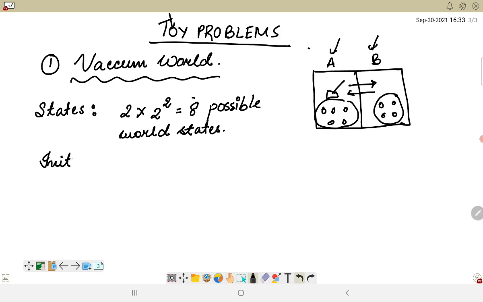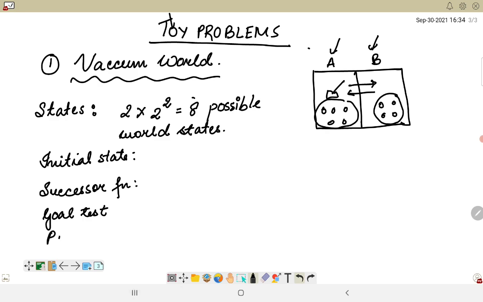Let me write down the components first. The initial state, then the successor function, then the goal test, and then the path cost.